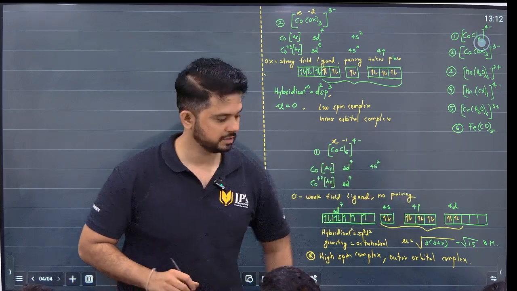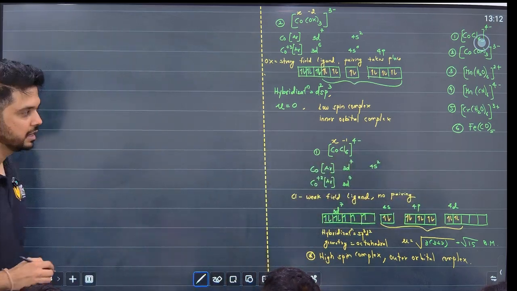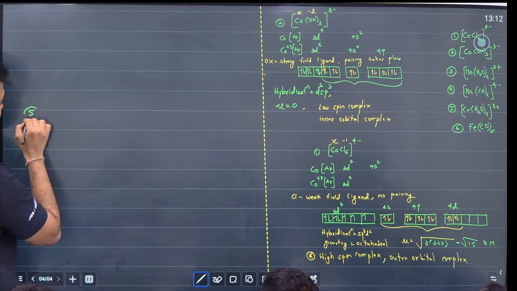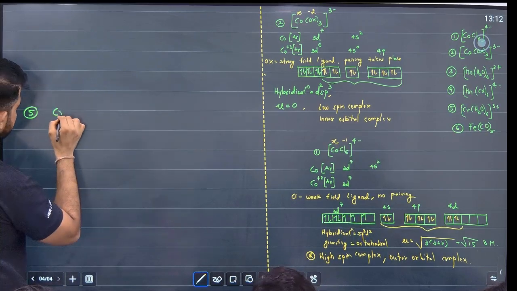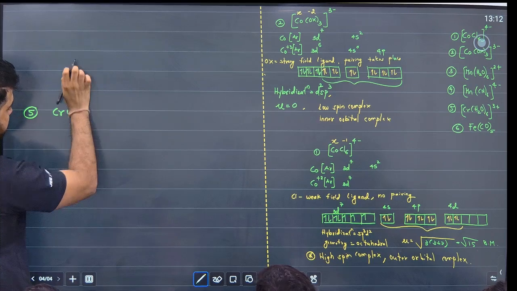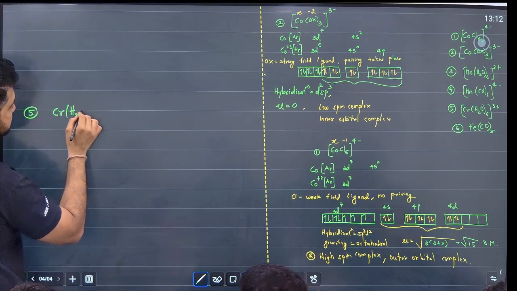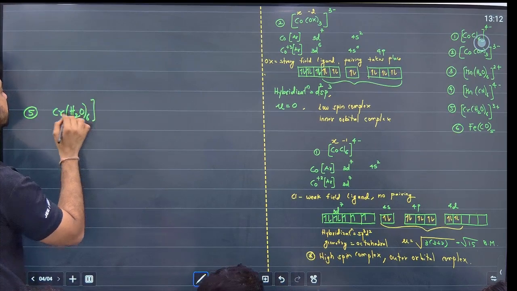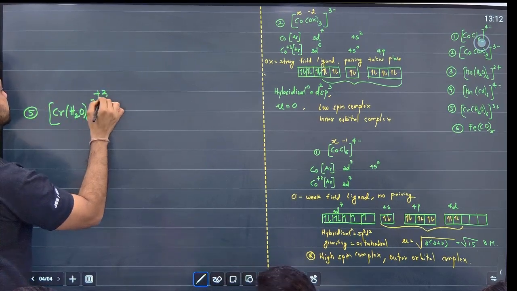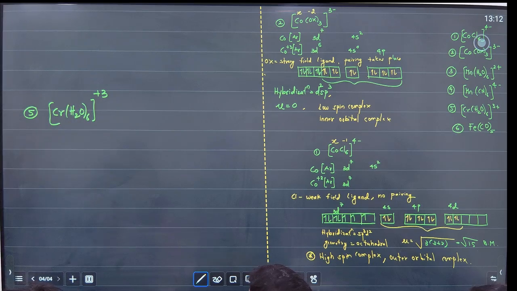Next we have Cr(H2O)6. What is the complex? Give me. Cr(H2O)6, the whole 3+. Quickly, the charge on chromium over here. Plus 3.